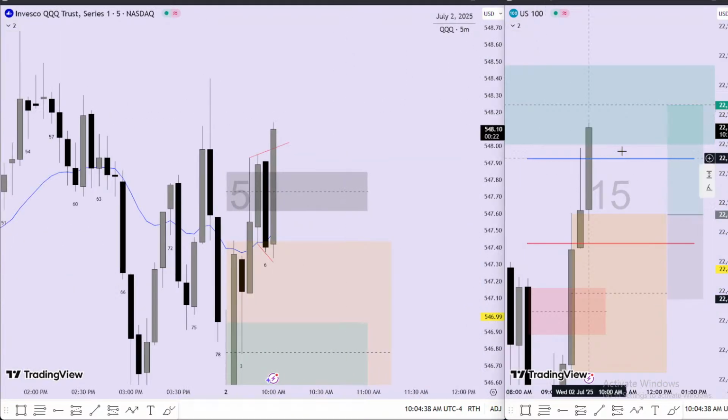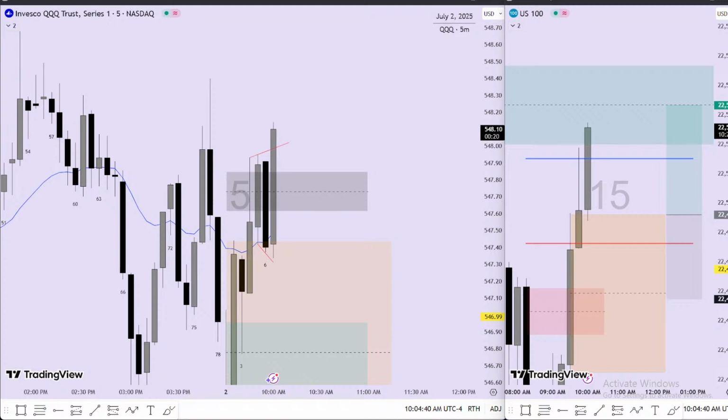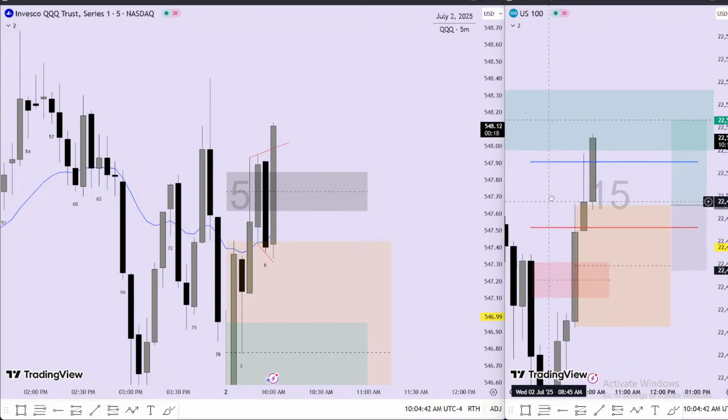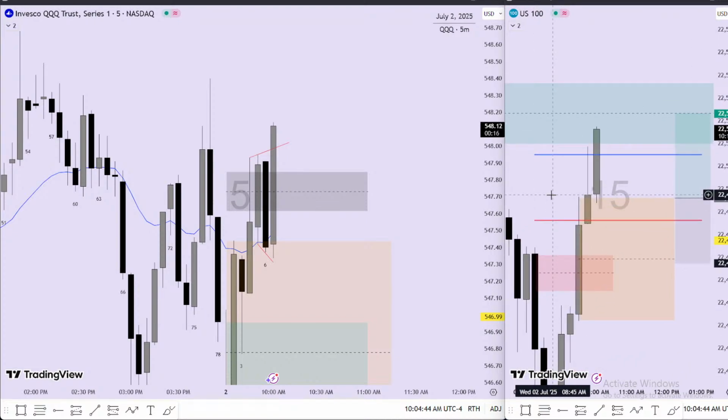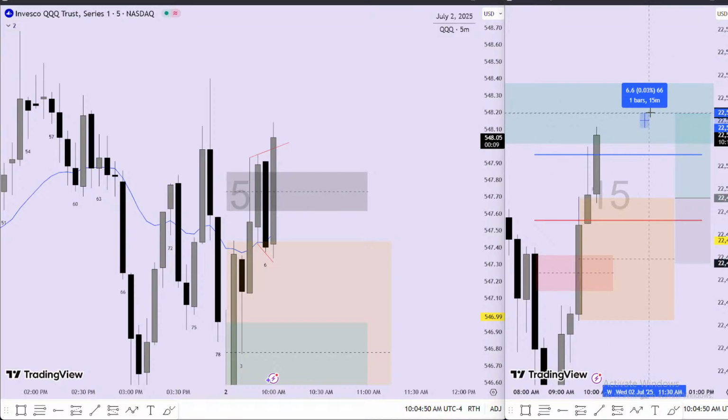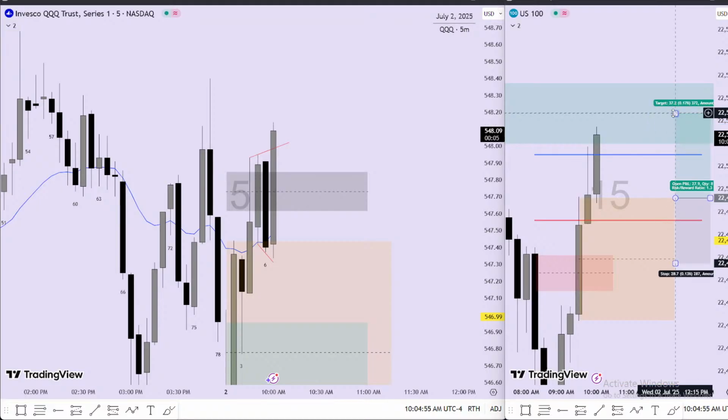Coming back to the 5 minutes, how many points do we have left till 1 to 1 risk to reward ratio? Like 3 or 7 points.